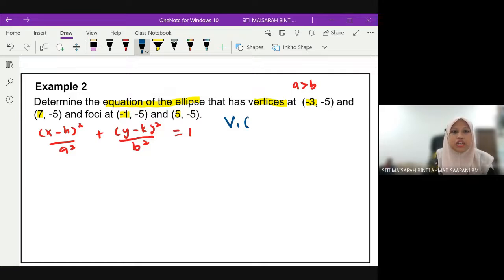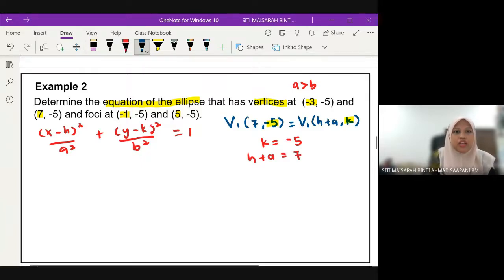V1 adalah 7, negative 5. Kalau ikutkan V1 is H plus A, K. Okay. So, jadi kita dah tahu dah K dia sama dengan, kita compare lah. So, jadi K sama dengan negatif 5. H plus A sama dengan 7.